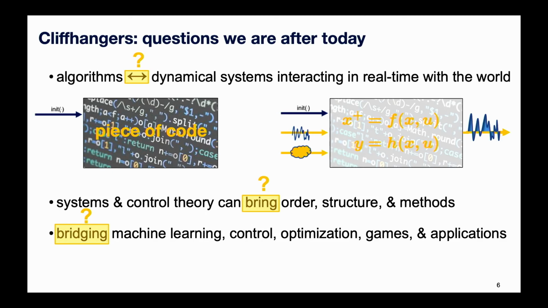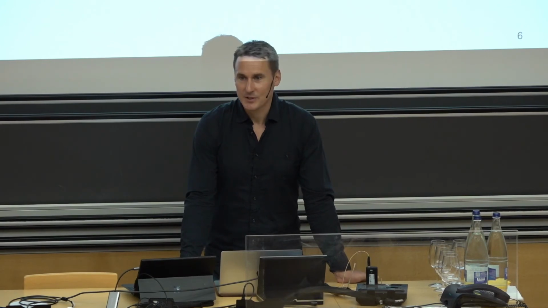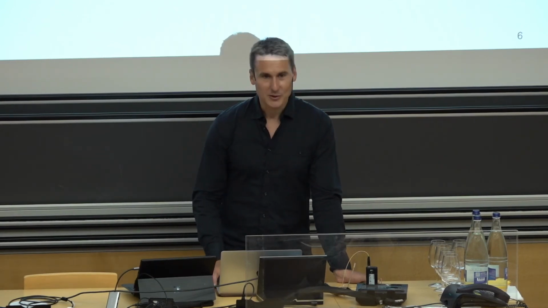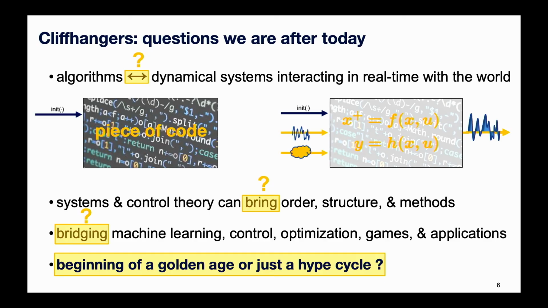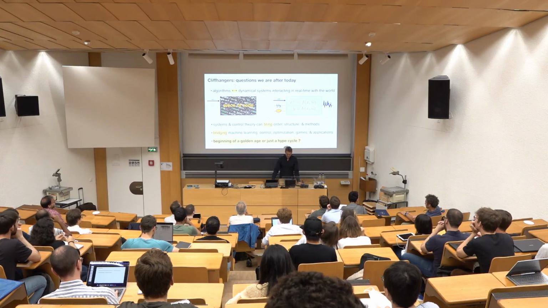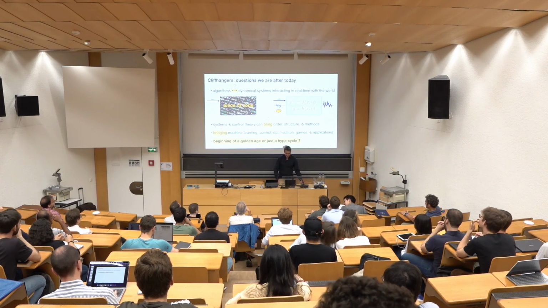And do we really bridge communities, or does anybody in the world of operations research care that we're sitting here? That's, of course, to be answered by our speakers and not by myself. And the summary is this: is this just a short-lived hype cycle, or is this possibly a golden age for the tools that we've been developing for the past few decades? Golden age. All right, so we have our first panel question here.